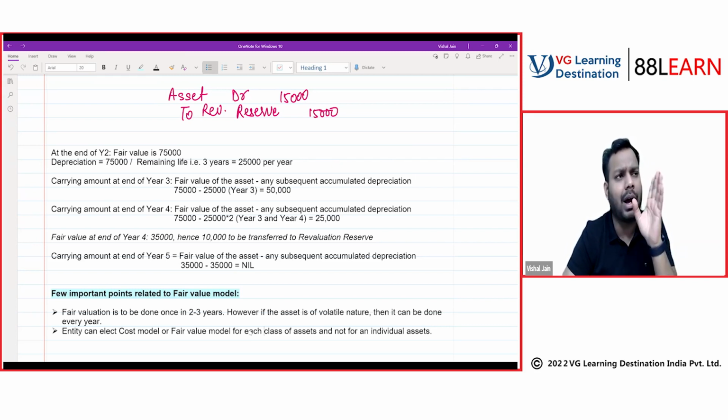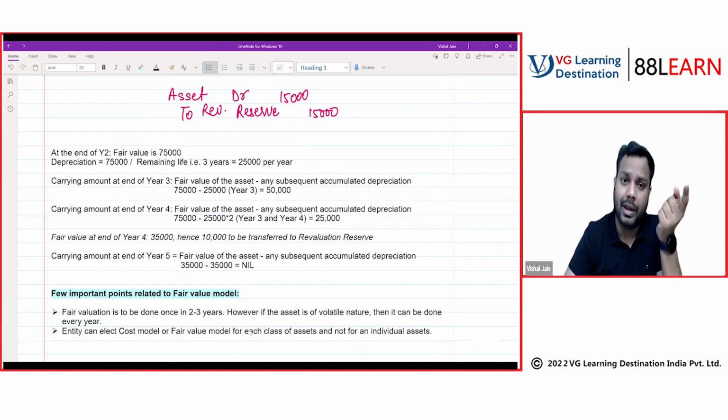The industrial building is located far away from the city, and the office building is located within the city. The entity wants to apply the revaluation model to the office building and the cost model to the industrial building. Can it do so? Tell me, guys. Can that be done?